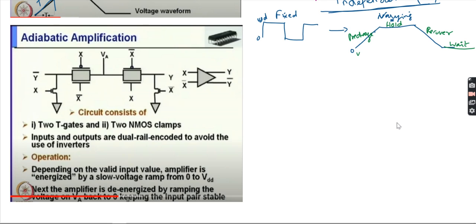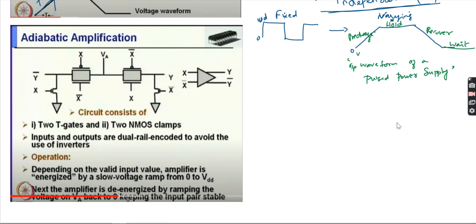From 0 pre-charge, it will hold, recover, then wait for the next pre-charge. This is nothing but the output waveform of a pulsed power supply. This only is the output.